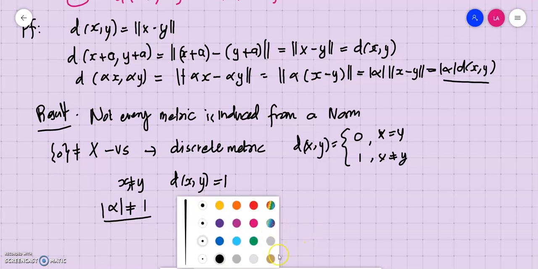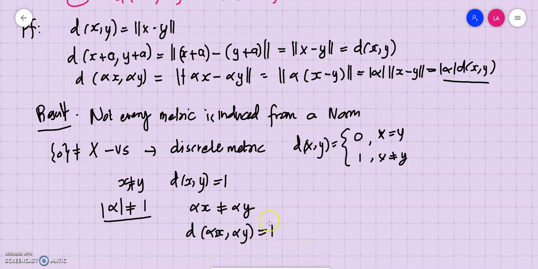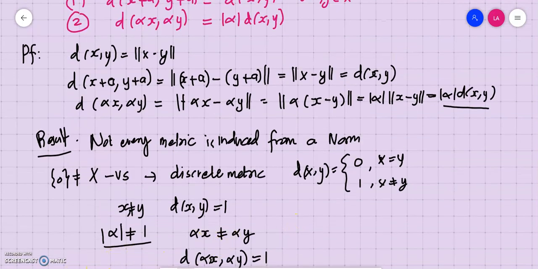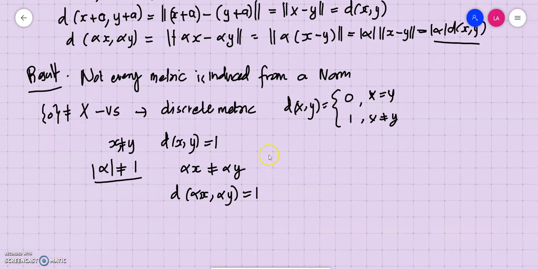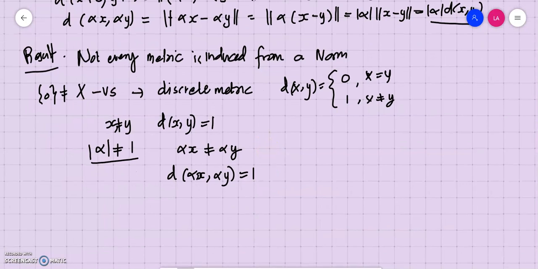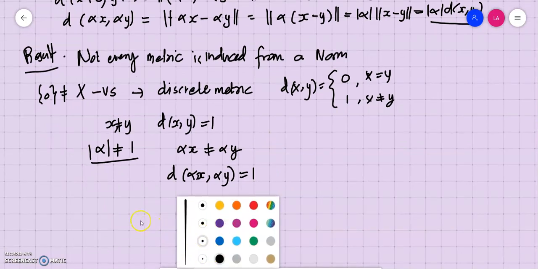So from that, we can establish the following simple fact.